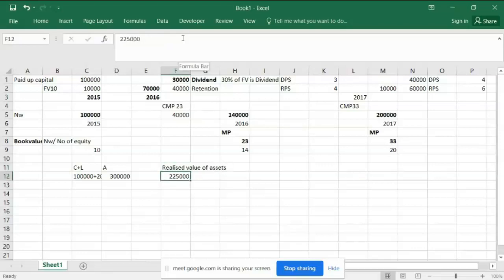And I am going to subtract the value of creditors and the value of preference shareholders. It means the portion I have issued in the form of debentures and in the form of preference capital. I just want to know what portion of the fund is available for equity shareholders. So this is the realized value of assets and liabilities.